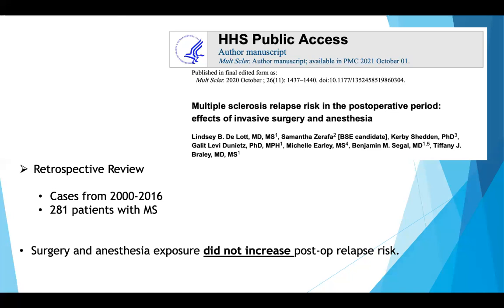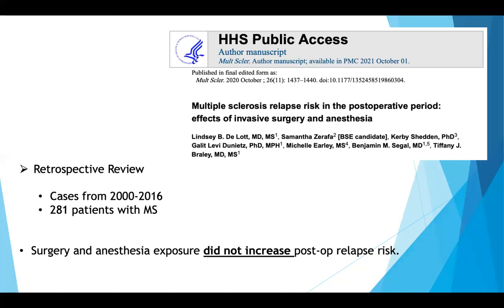This study concluded that there was no difference. They concluded that surgery and anesthesia did not increase postoperative relapse risk. In fact, out of the 281 patients, 12 patients had postoperative relapse, while 269 did not have one.